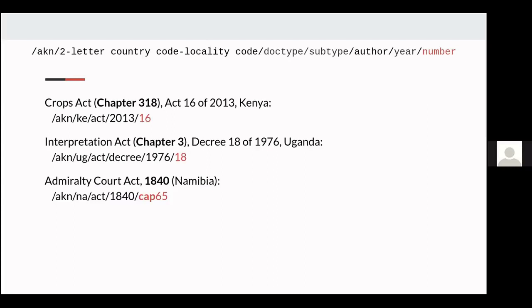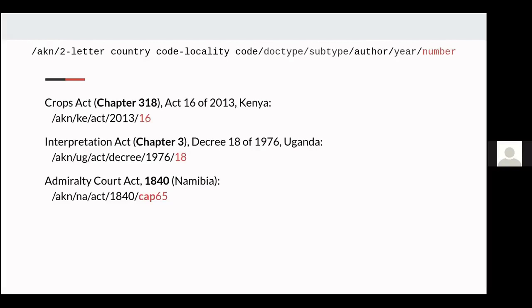And not all acts have them. So acts only get a chapter number once they've been included in the main collection for that country as decided by their main publisher. But we can't use something that isn't there for everything to inform the URI.